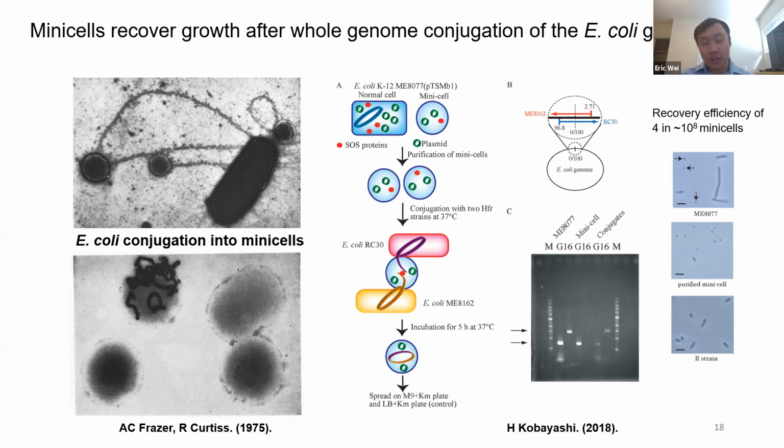So this happens at a very low frequency, but our results, and including this result, support the idea that minicells have the capacity for instantiating, housing, and expressing whole genomes, and even growing from whole genomes.